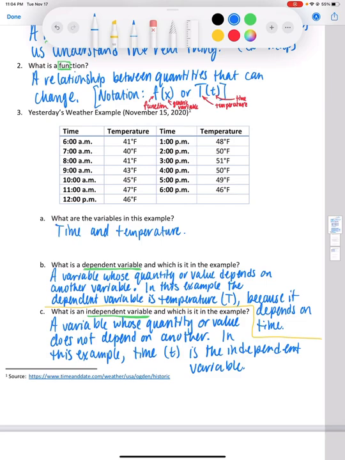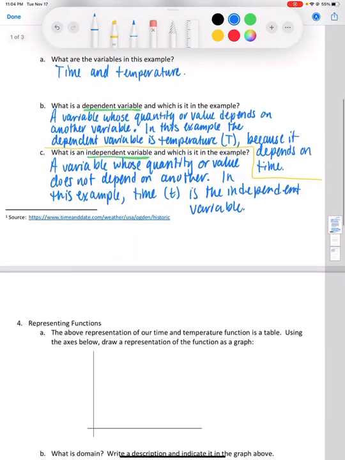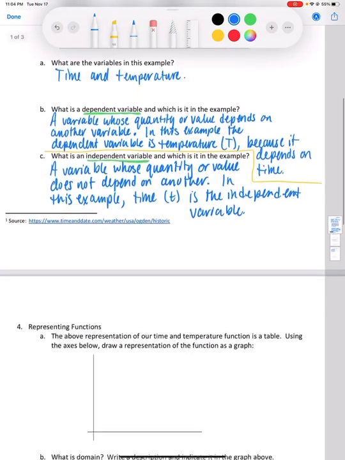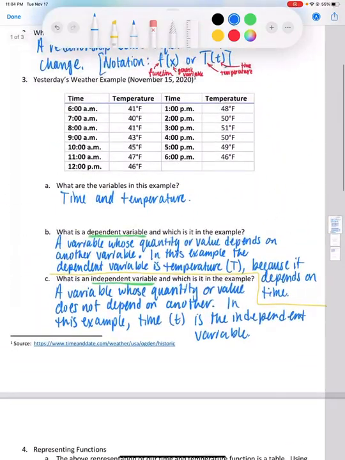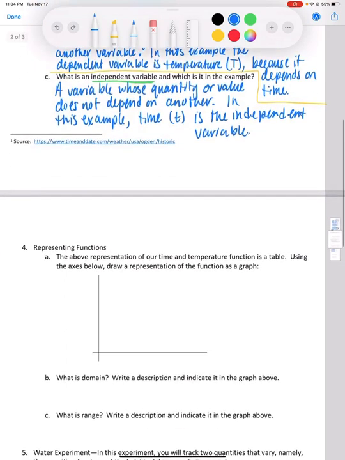All right, so now we've looked at dependent variables and independent variables. We're going to represent a function here with a graph. What we've done so far is a representation of a function as a table. Now we're going to take a look at it as a graph.